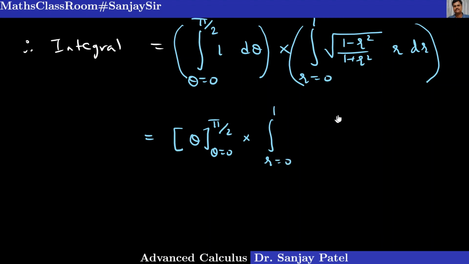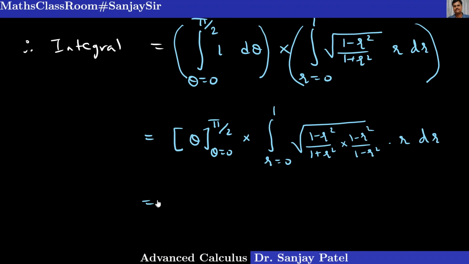Let me multiply and divide the function inside the square root by 1 minus r square. So I am multiplying and dividing by 1 minus r square. This r is also there into dr. So this first integral is very simple, its value is pi by 2.